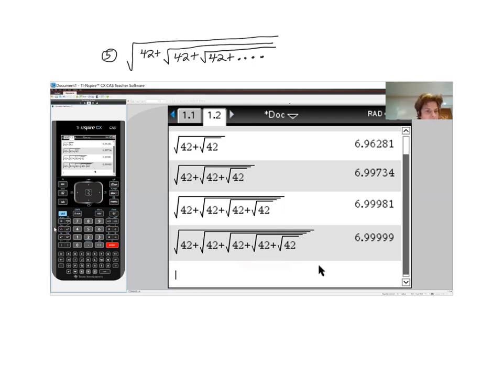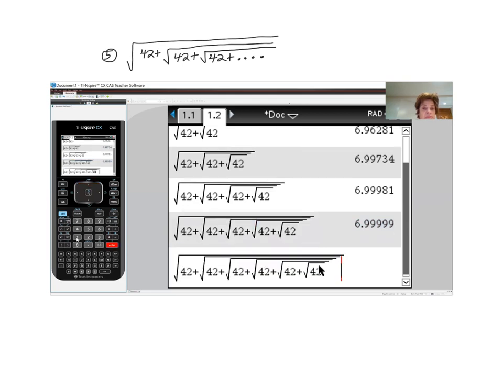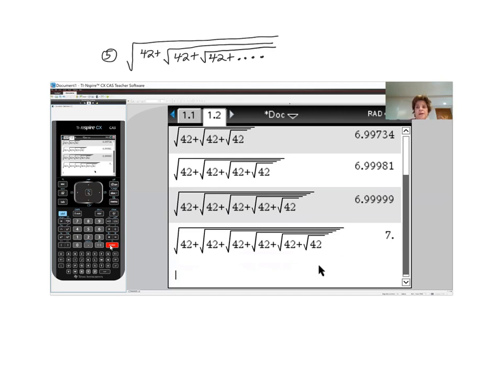One more time. So we have control 42 plus, go up and highlight, enter, control enter. Now notice that the approximation is really very close to 7.